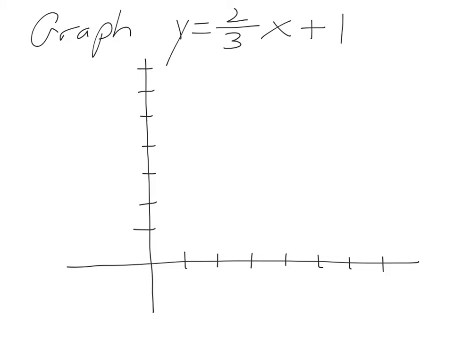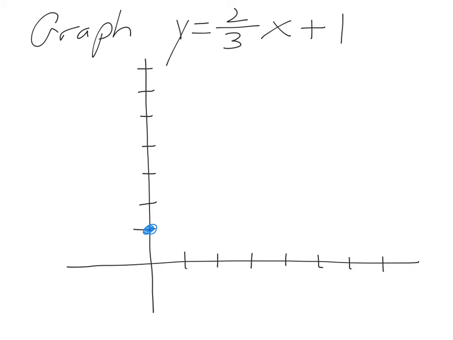And the first thing I said to do was graph the y-intercept. What's the y-intercept? 1. Not quite, it's 0, 1. Thank you. What is the slope in this equation? 2/3. What's the rise? 2. What's the run? 3.